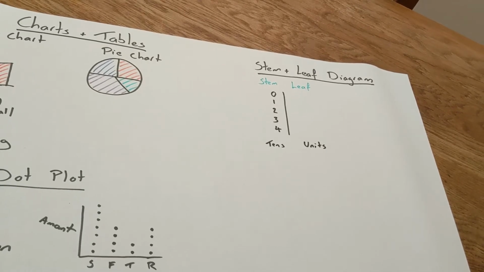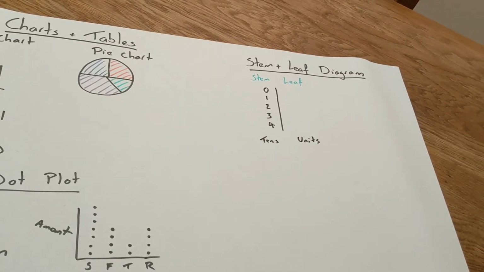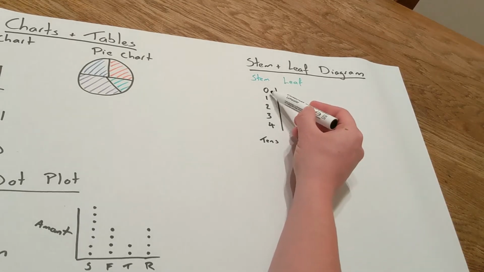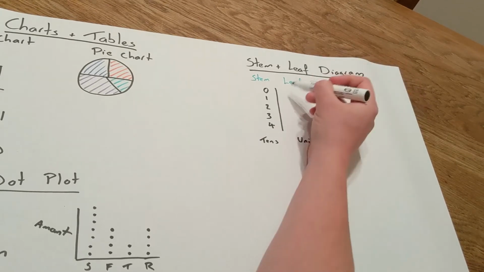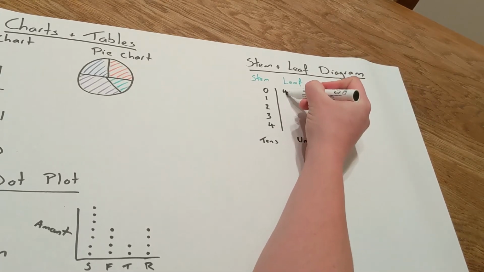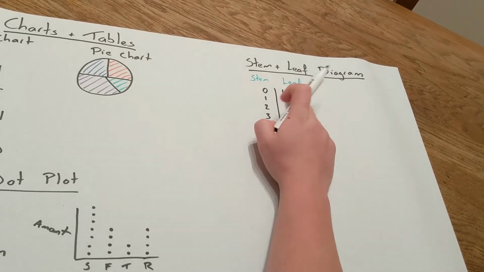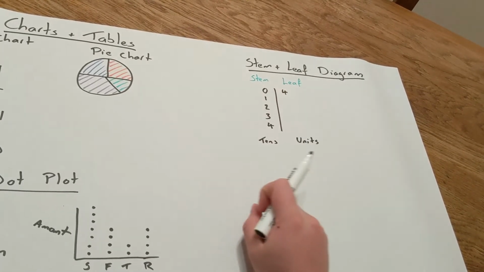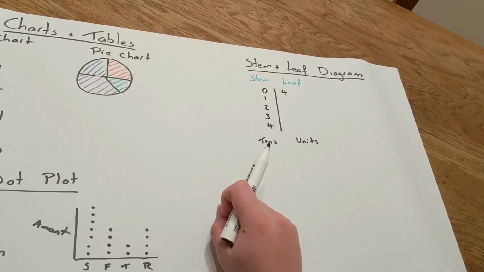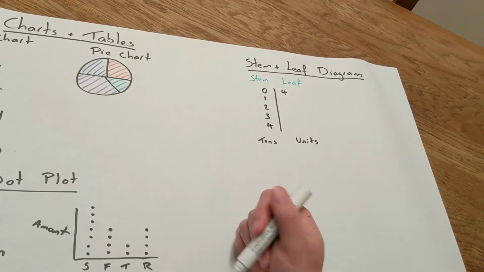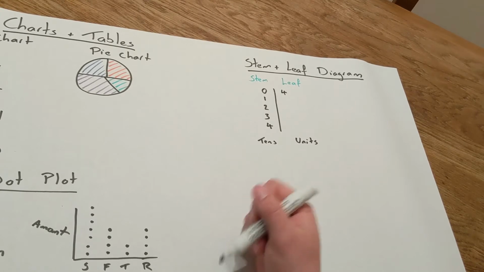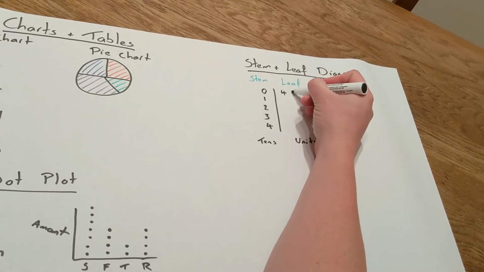Okay, and so if, for example, I said someone lived 4 kilometres from the school, there's no tens involved in that, but there are 4 units. So we put a 4 there, and that represents a person who lives 4 kilometres from the school. If there was a second person who also lived 4 kilometres from the school, we put another 4 there.